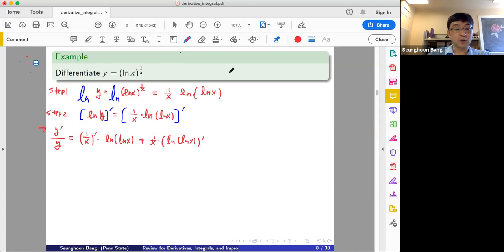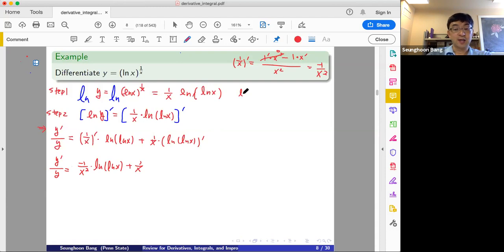So the derivative of 1 over x, you can calculate using the quotient rule: 1 prime times x minus 1 times x prime over x squared. The 1 prime is 0 and x prime is 1, so we get negative 1 over x squared. So we have y prime over y is negative 1 over x squared times ln of x plus 1 over x times ln of x prime.